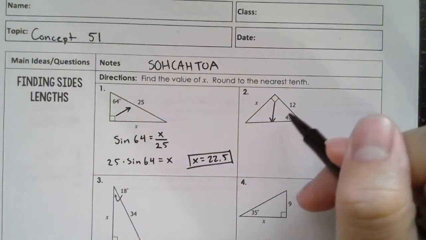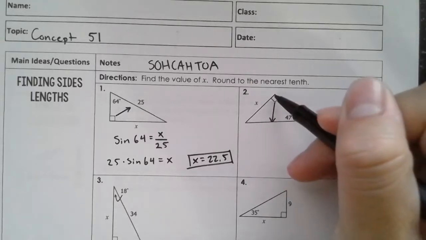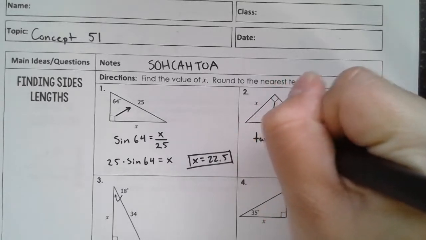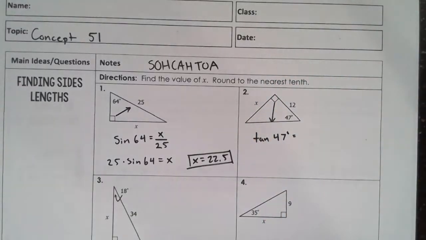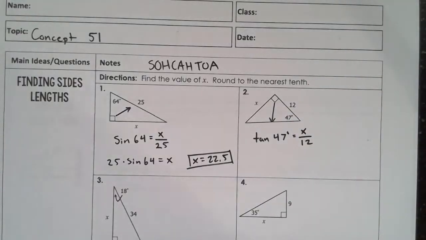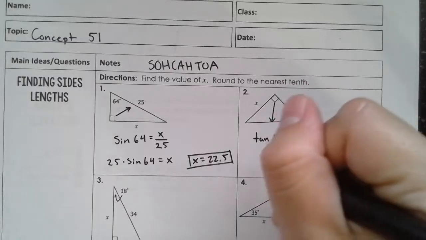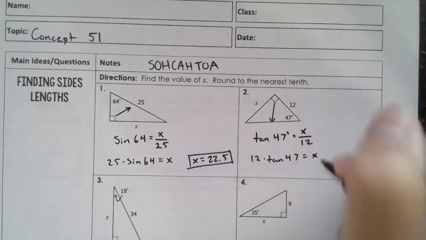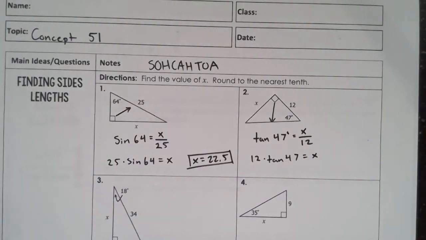So tangent of 47 degrees is equal to opposite over adjacent, x over 12, and then 12 times tangent 47 is equal to x. So put that in your calculator, and if we round, you're going to get about 12.9.